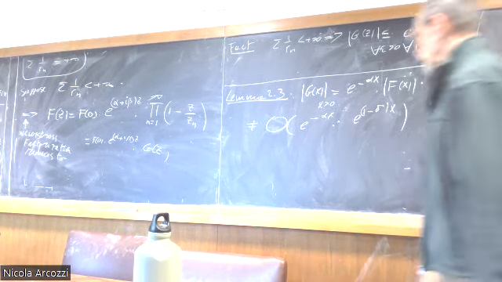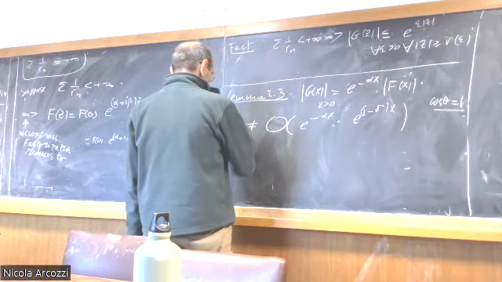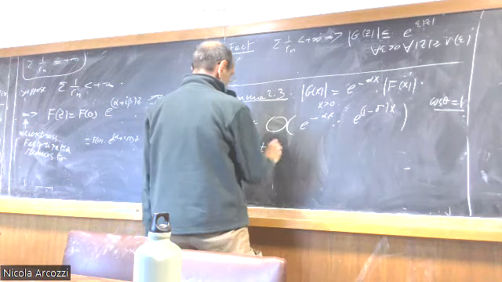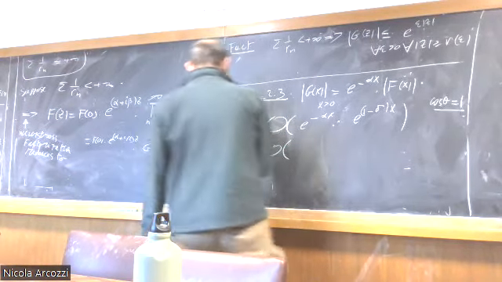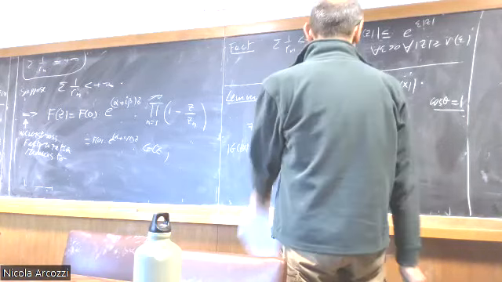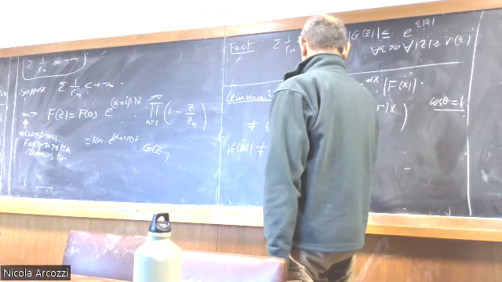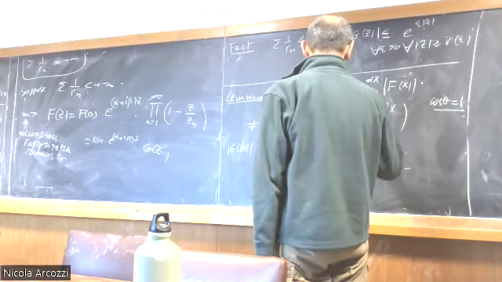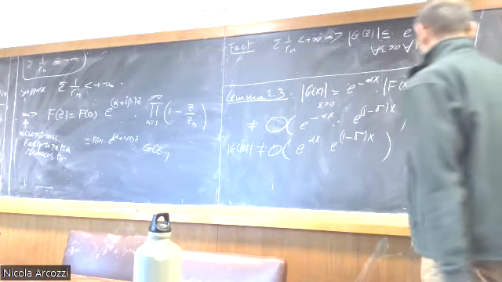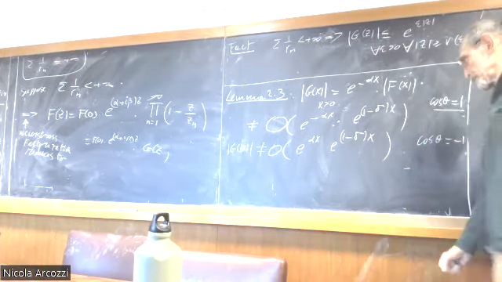At the same time, G of minus x is not a big O of e to the alpha x times e to the 1 minus delta x. Here I consider the indicator at theta minus 1.